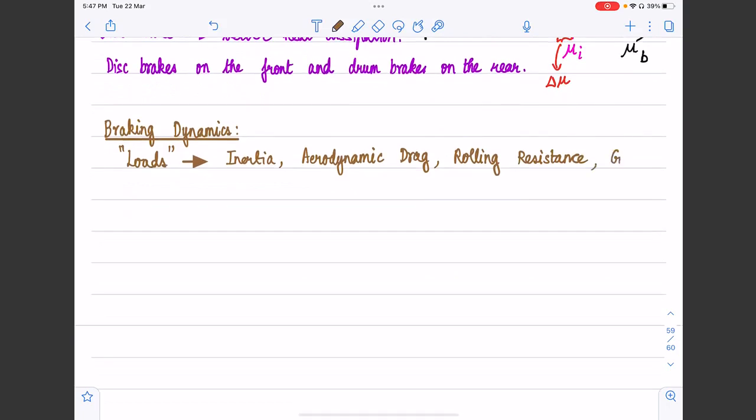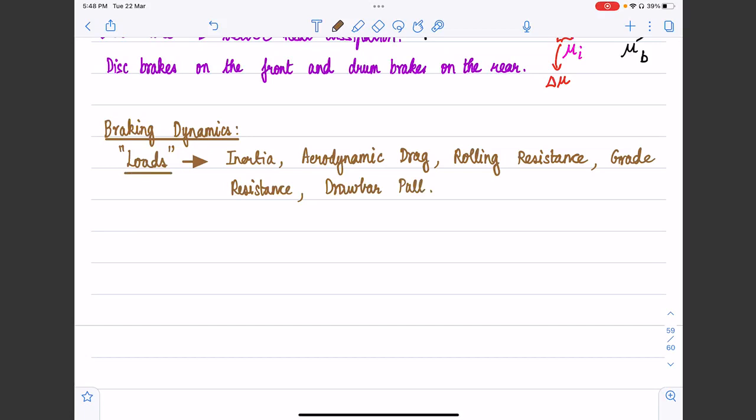If we are going up a grade, there is going to be a grade resistance, W sine theta, which acts on the vehicle. And if we are pulling any other entity using our car or vehicle, we are going to get what is called drawbar pull. These are all the various loads that act on the vehicle and basically affect the braking response.